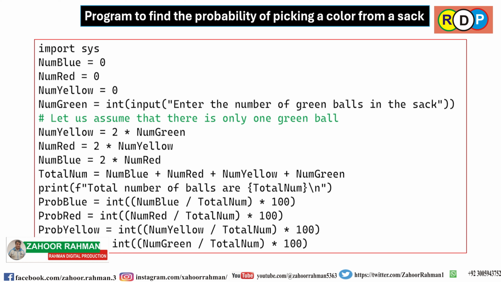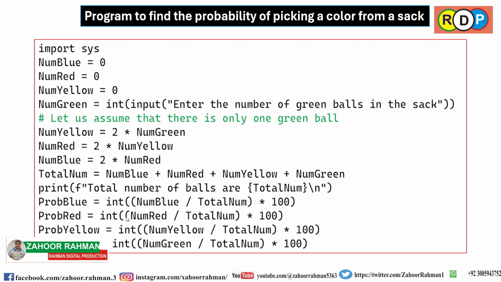So I want to take it as an integer value. So first I will multiply it by 100. So it will become 53 point something, and then I am rounding it to the whole number by this int, that is typecasting.